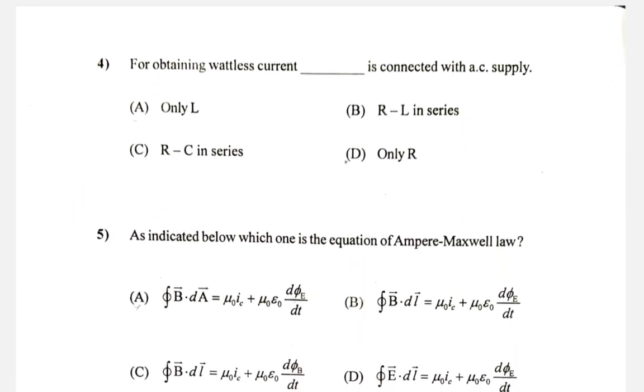Next question. For obtaining wattless current, dash is connected with an AC supply. This question is based on the knowledge base, and we know that we get wattless current only when a purely inductive AC circuit is present.